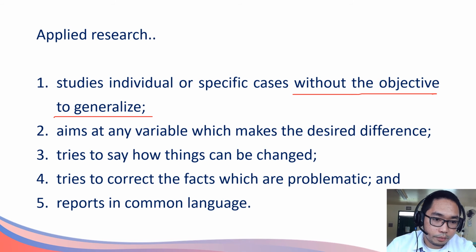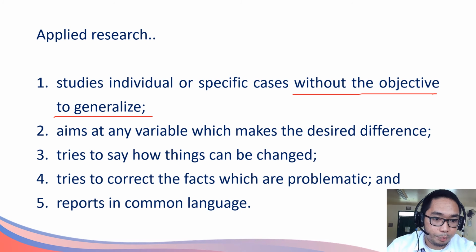Second, applied research aims at any variable which makes the desired difference. So applied research tries to draw differences between variables, and tries to pinpoint which variable among all the variables has a certain degree of efficacy, for example, which is significant.